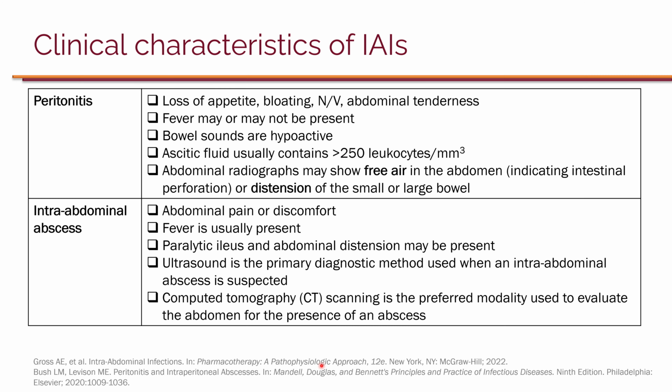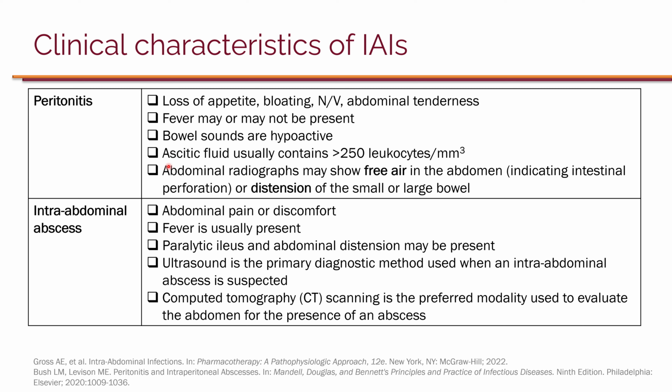Now let's take a look at some clinical characteristics. So with peritonitis, patients will have loss of appetite, bloating, nausea, vomiting, abdominal tenderness. Fever may or may not be present on a physical exam. Bowel sounds are hypoactive.